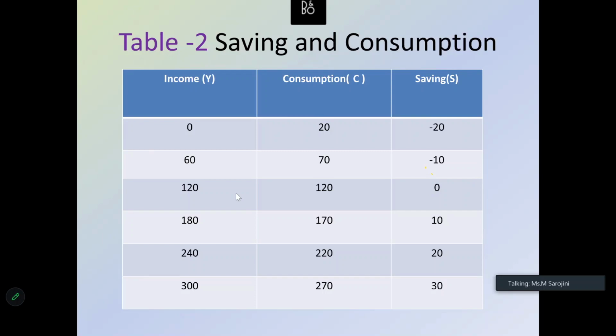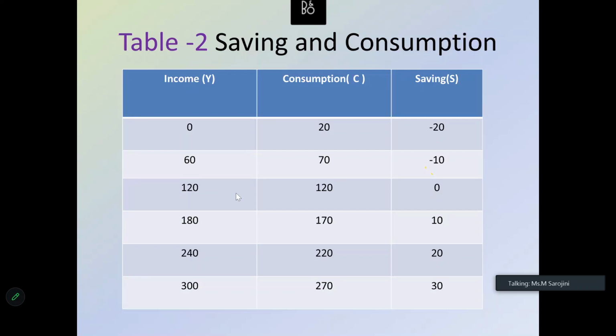Again, you can concentrate here. Once the income increases, their consumption also increases, but not by the same amount as income. The increase in consumption is less than the increase in income. And again, further, the income increases from 180 to 240.